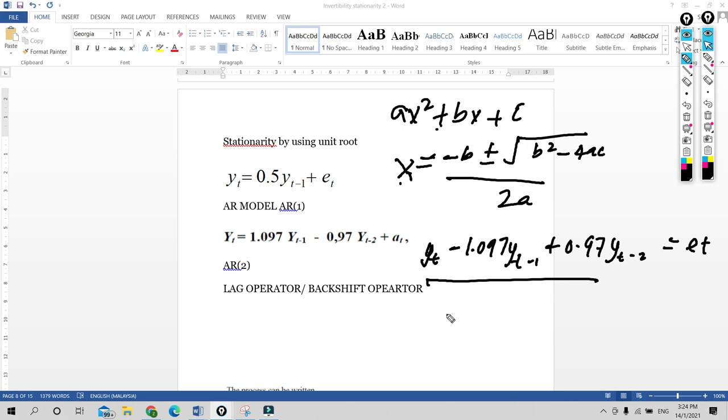The lag operator here becomes 1 minus 1.097 L plus 0.97 L squared. So we try to factorize this function.